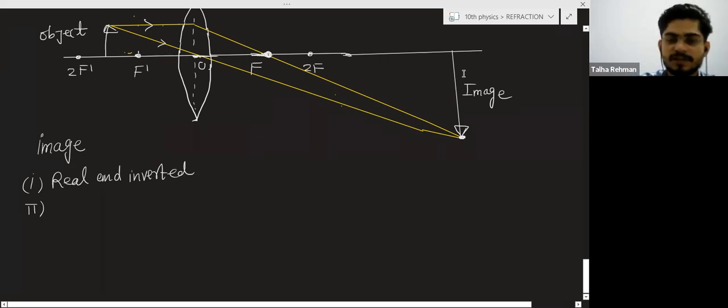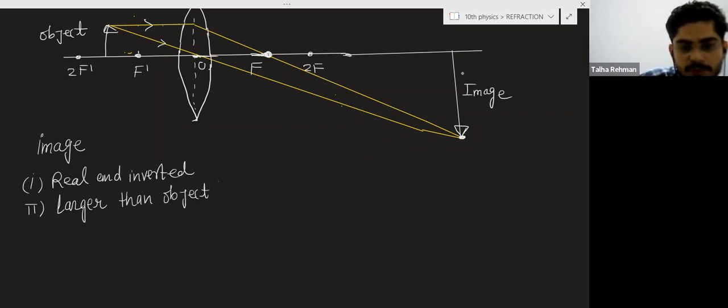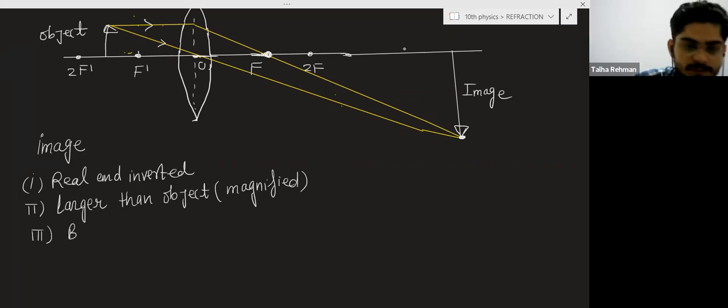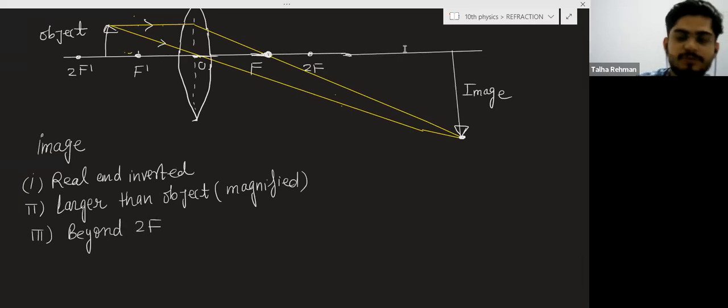It is larger than the object, a term also known as magnified. Third, the position of the image: the image is forming beyond 2f.